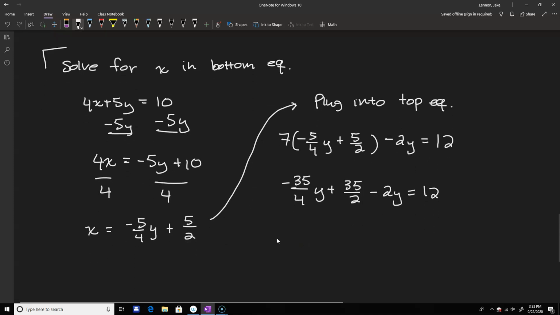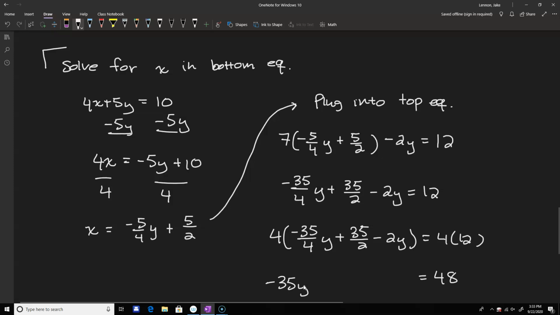One way we can do that is just multiply both sides by 4, and they'll all vanish temporarily. So we get 4 times the left-hand side, and we're also going to want to do 4 times the right-hand side. The right-hand side is just 48, and the left-hand side is going to be minus 35y plus 70 minus 8y.